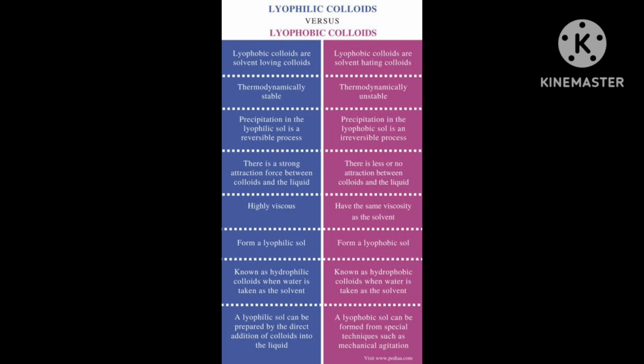Examples of naturally occurring macromolecules: starch is an example of a macromolecular colloid, and so are cellulose, proteins and enzymes. These are examples.